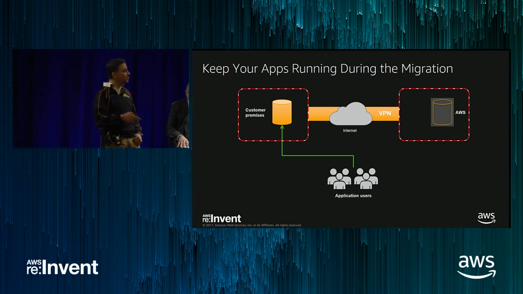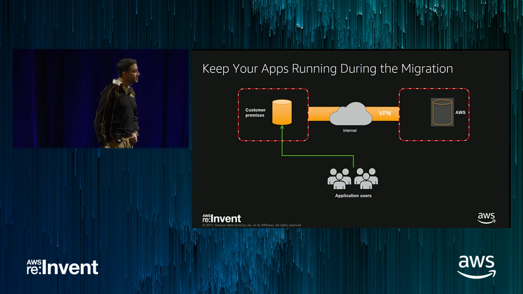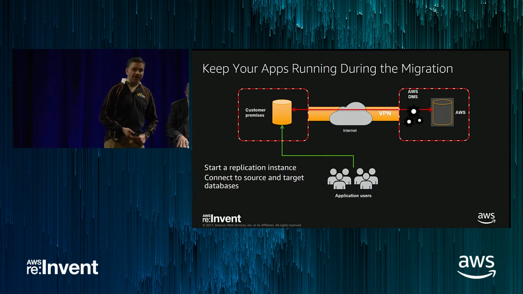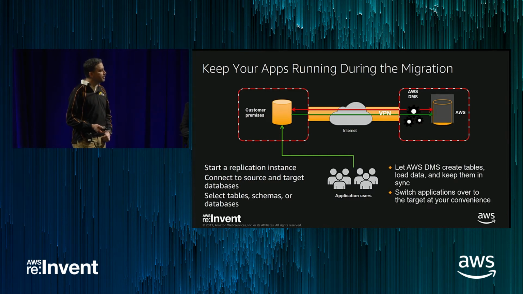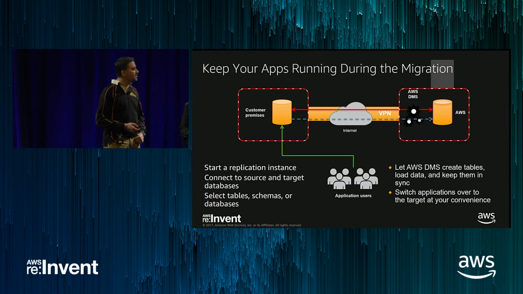I'll accelerate my talk a little bit, given that we want to ensure that Jerry has time to do his slides and demo. So you can keep your apps up and running, set up the replication using DMS, and at any point you're comfortable, switch your application to the target database, and you should be good to go.